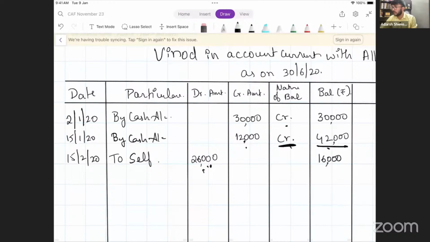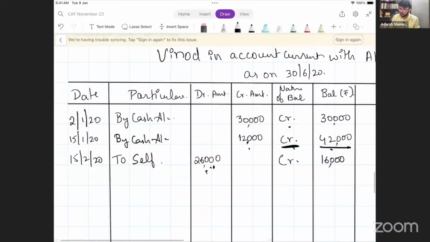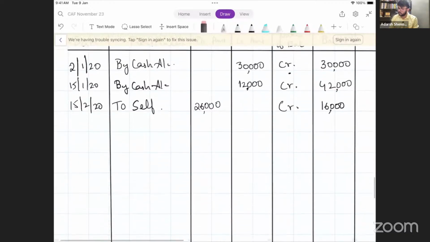It's still credit balance, right? I'm not asking for the nature of the transaction, I'm asking for the nature of the balance. We had an opening balance of 42,000. Now we are debiting 26,000. So what is more? Credit is still more, by 16,000. Have you understood this? The nature of the balance, you have to write it carefully.